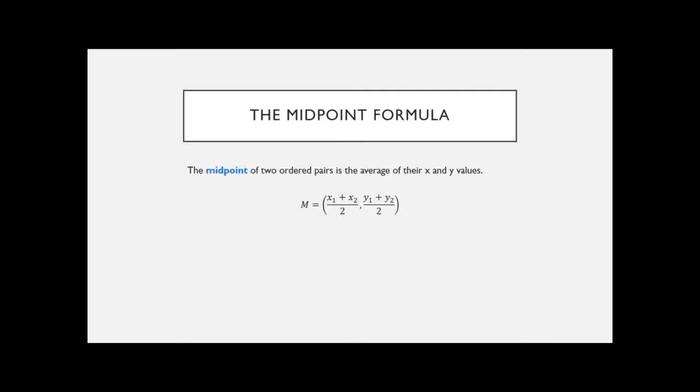Just a point about notation here. So capital M is midpoint. Later on, you'll see a lowercase m. So lowercase m is called slope.